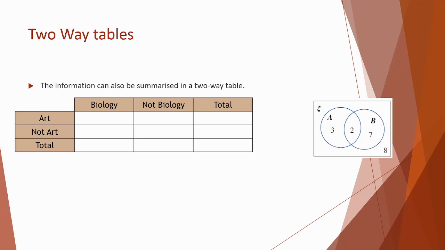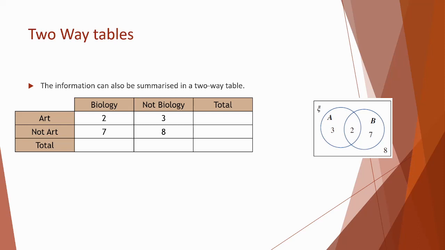Starting off, let's put in the numbers that are directly on that Venn diagram. We can put in the 2 that's in that intersection that study both art and biology. Then we can put in these 3 students who only study art but not biology, the 7 students who study biology and not art, and the 8 students who don't study either.